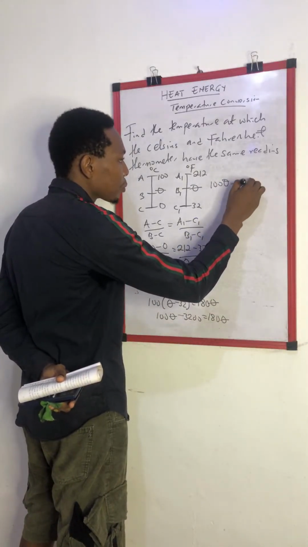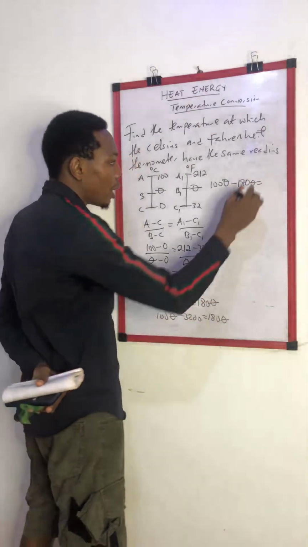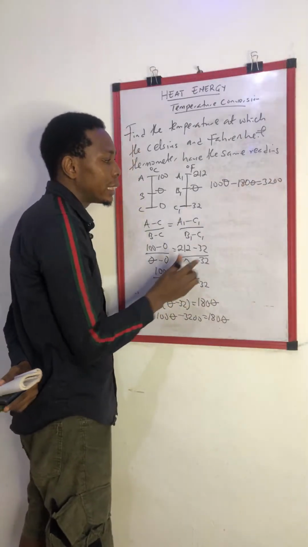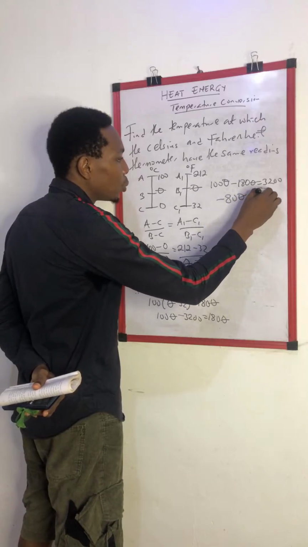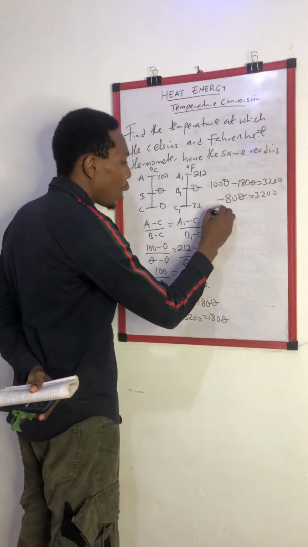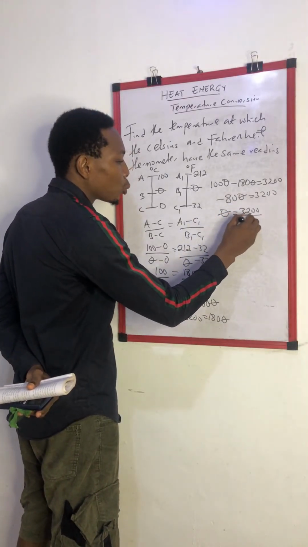Then equals to, once 3200 is crossing over, we have 3200. So 100 minus 180, we have minus 80 theta equals to 3200. To get theta, divide both sides by minus 80. So our theta equals to 3200 divided by minus 80.